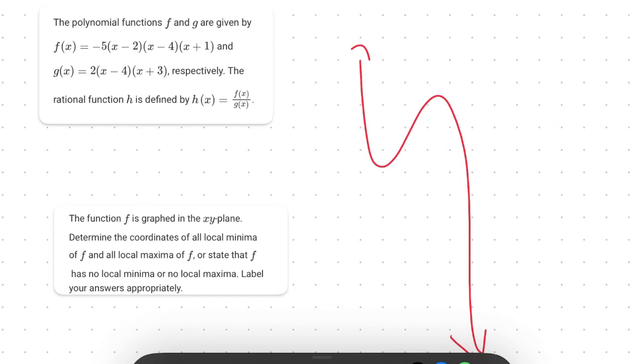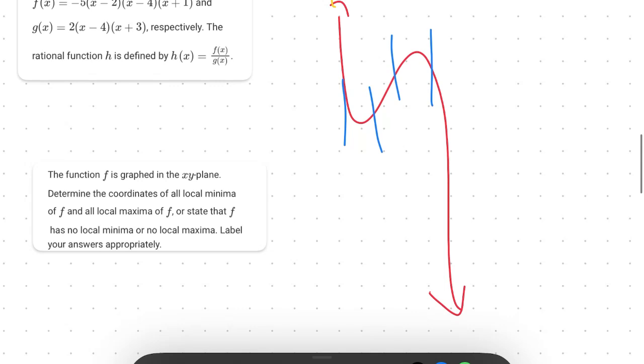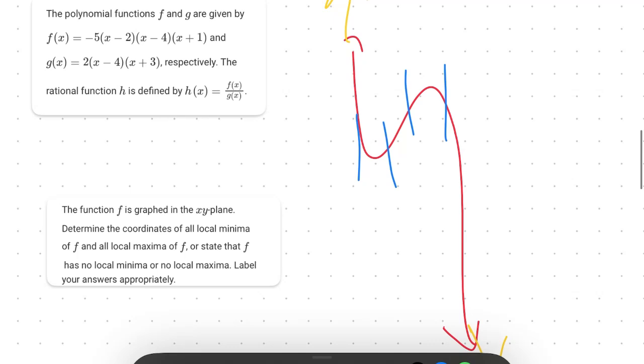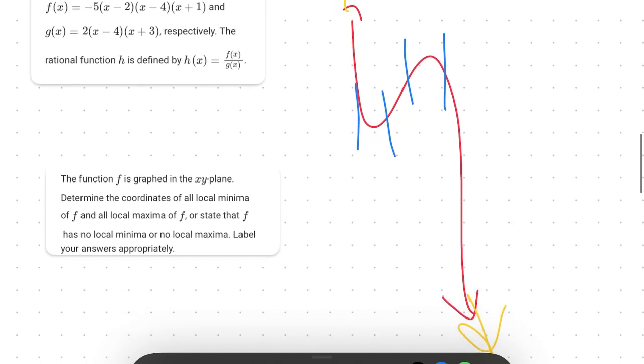So locally, you would isolate the humps of the graph. Globally, since it goes on to infinity, there really is no local min and max for that area, but it's globally. Okay?